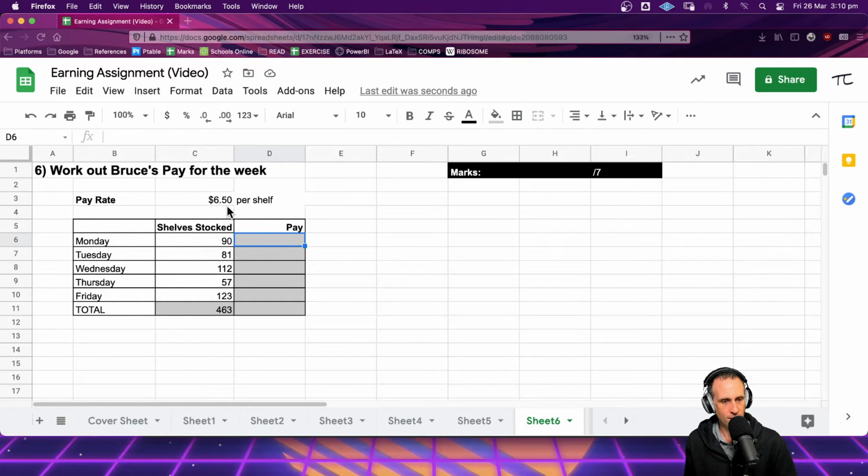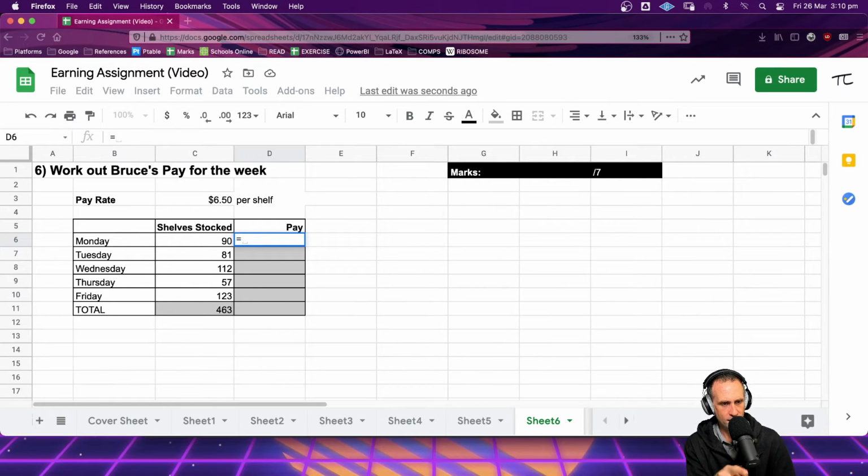$6.50 a shelf, 90 shelves on Monday. What's the formula that we'll put into this highlighted cell here to help multiply 90 by 6.50? Okay, well, it's going to be equals because it's a formula.